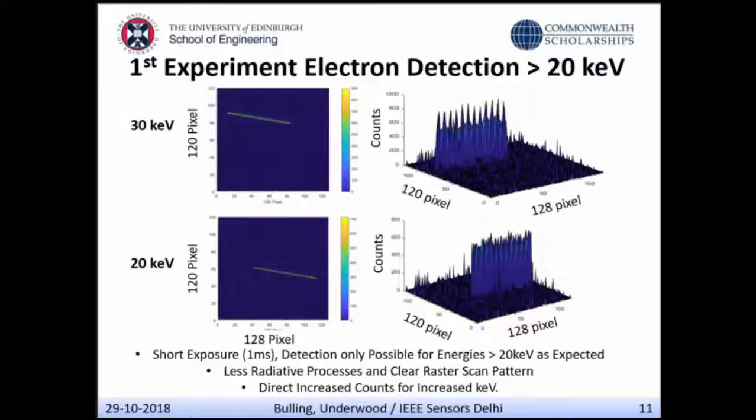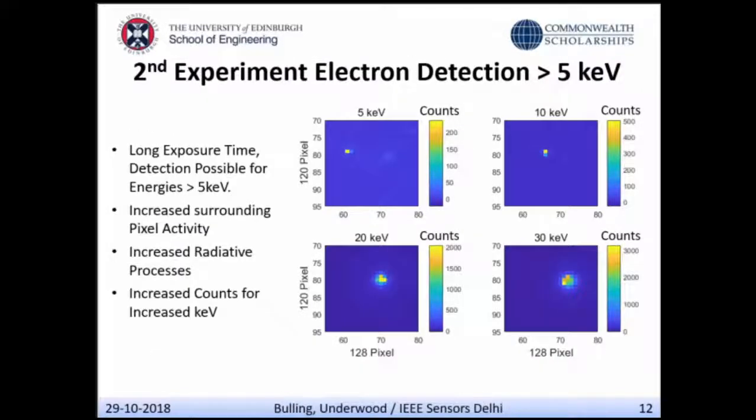That's about 700. So there's definitely a correlation between the incident beam energy and the amount of counts. The next experiment was the microfocus. What was very interesting here is that we were able to detect electron energies as low as 5 keV. It's a much longer exposure time, 100 frames times 1 millisecond.